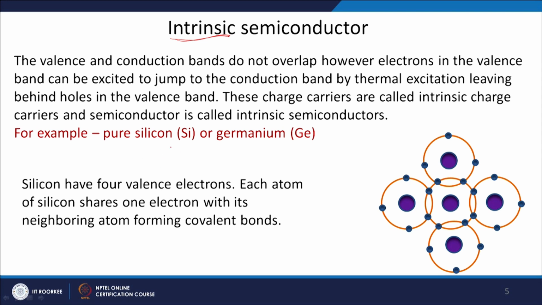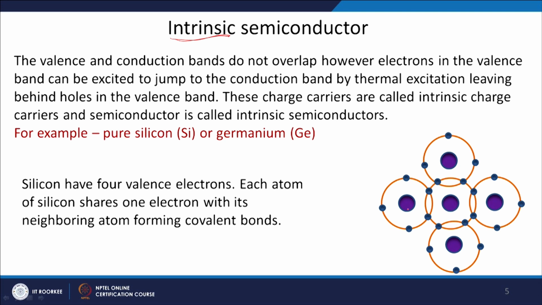Why do they show this kind of property? Silicon has 4 valence electrons, and here it is shown. One silicon atom is at the center and 4 are around it, and they are sharing their valence electrons to fill their outer orbit.